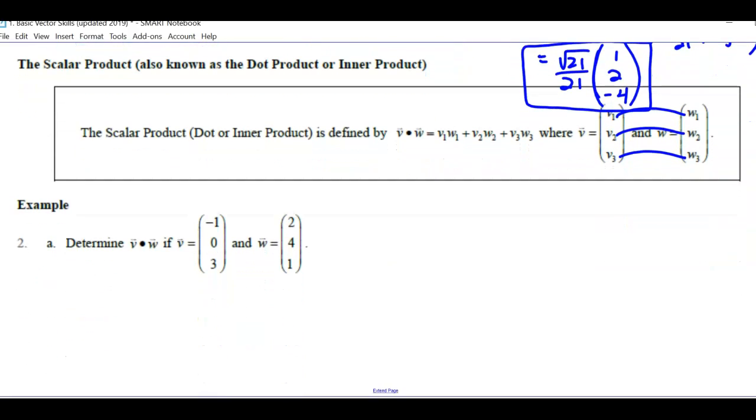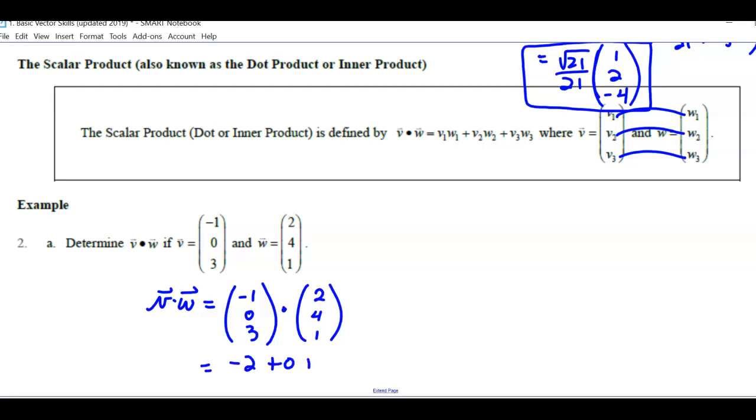So here, the dot product, I call it the dot product. IB tends to call it scalar product more often. So how do we show that? And then negative 2 plus 0 plus 3 is 1. You don't even have to show that work for it.